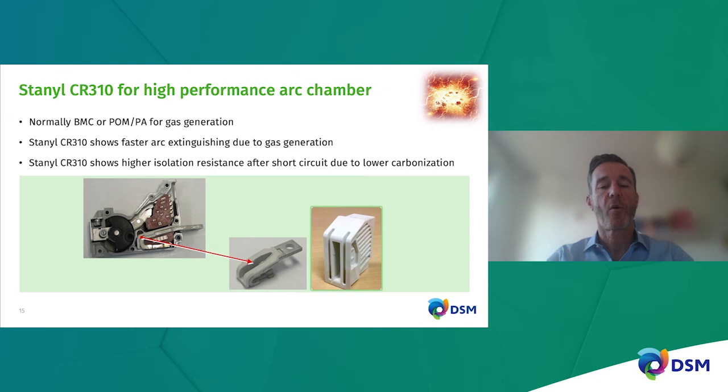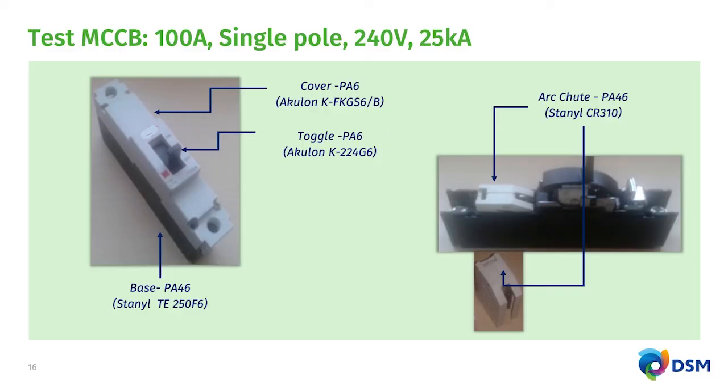So if there is a lot of soot in the breaker, it can cause electrical failure and even restrike and flowing of current again, and inducing all kinds of issues. So the less soot there is formed inside the breaker, the higher the isolation resistance, the higher the safety of the device. Now, what have we done to prove that Stenil CR310 works perfectly in these type of applications?